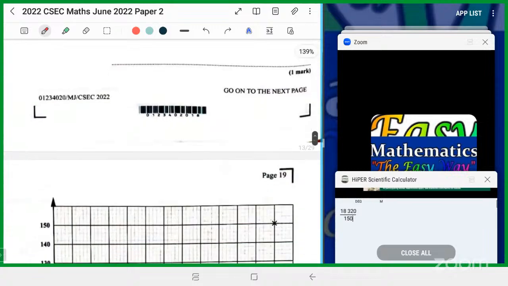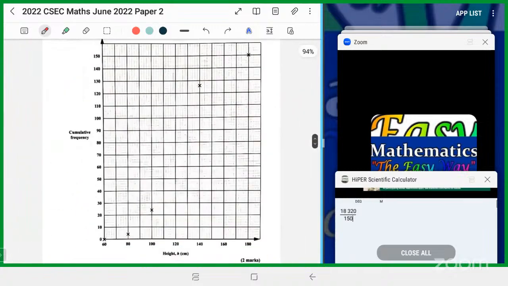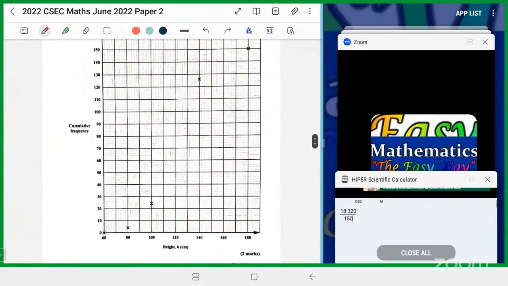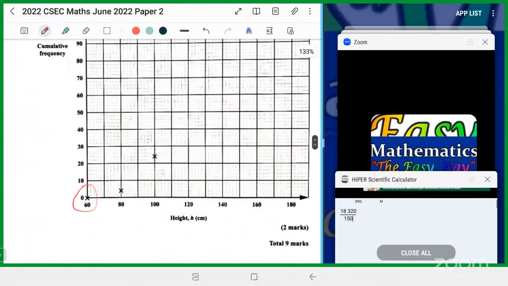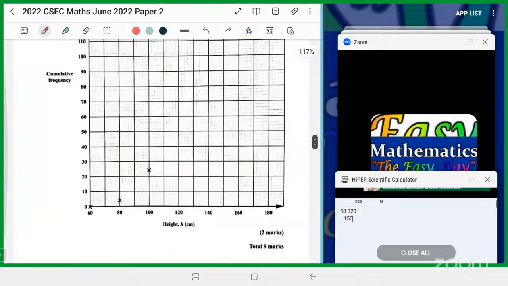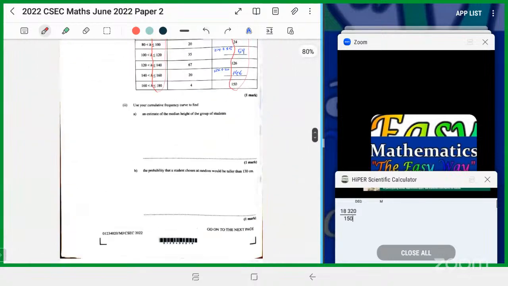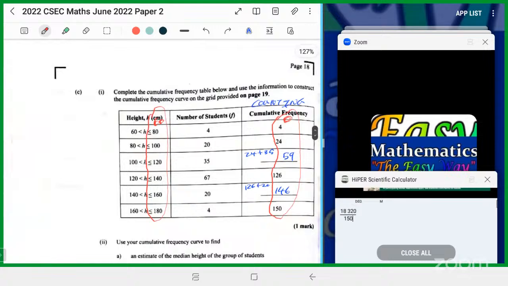Draw the graph over here. Some of the points are plotted for us already. See, they put in the 60 down at 0 here. That was not a point, that's a point that was added. So the 2 points that I'm missing are the ones that we added to the table. So it is 120, 59, and 160, 146.